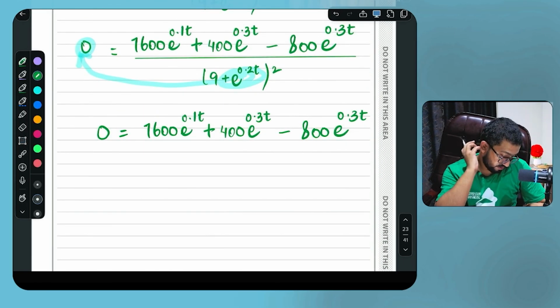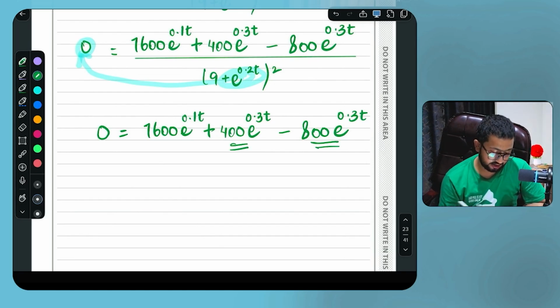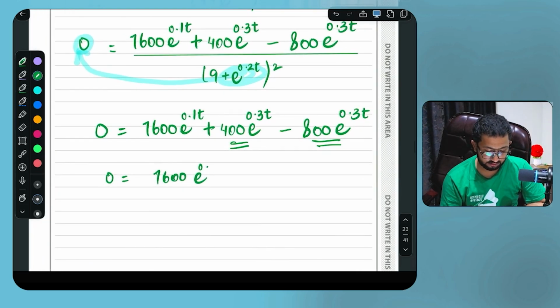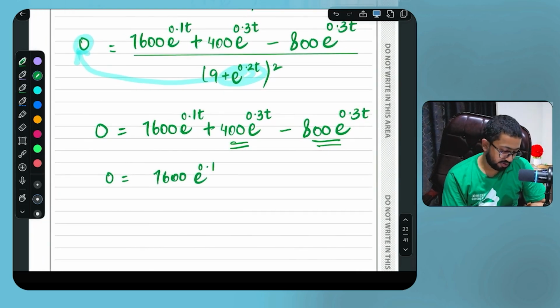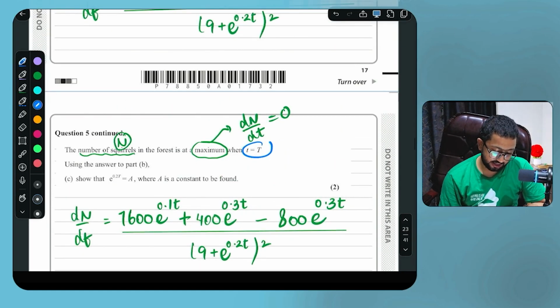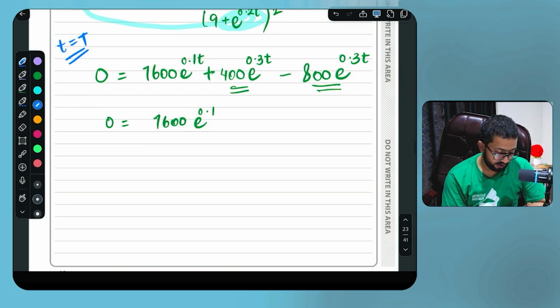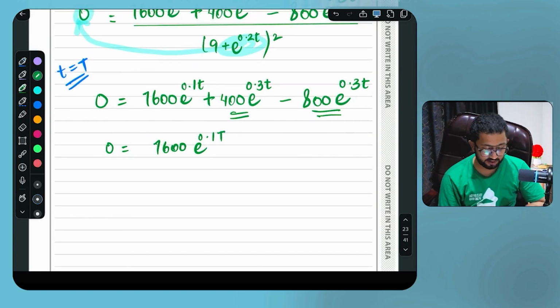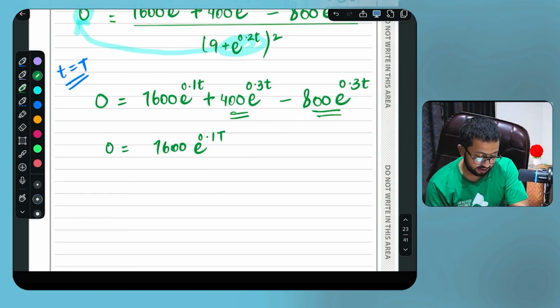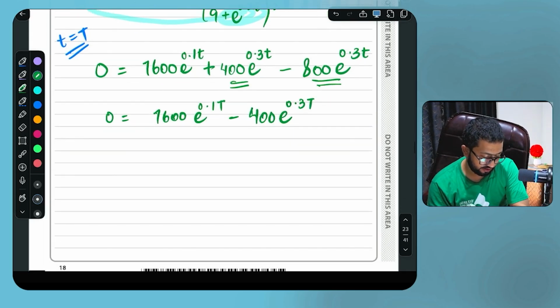Now these two terms are as it is. It can be subtracted. So t is capital T. Put capital T in place of small t, and minus 400 e raised to power 0.3T. So 400 e raised to power 0.3T equals 7600.